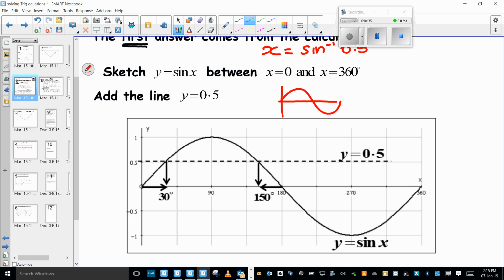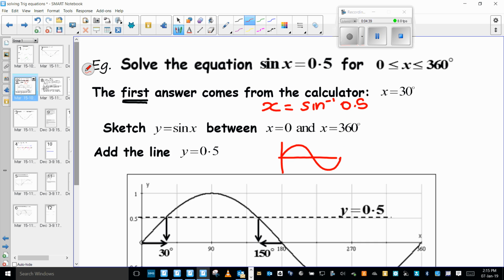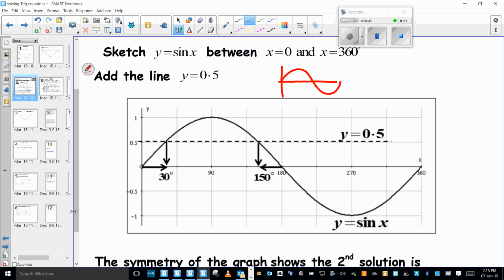So then what we do is, we want to find when our sine curve is equal to 0.5. What that means is that we find 0.5 on our y-axis. So that's going to be here, obviously, halfway between 0 and 1. On my sketch up here, it's going to be around here. And we draw this horizontal line at that value.